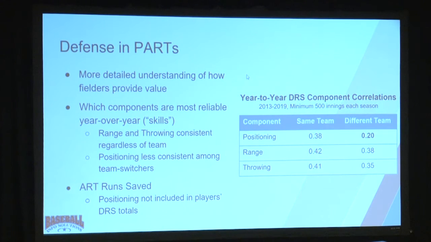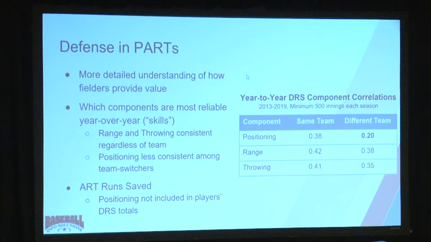And you'll notice that pretty much all of those correlations hover right around 0.4 year to year, which is comparable to other offensive and pitching metrics. But the one that doesn't is positioning for players who switch teams. That correlation is about half as strong as everything else, which led us to the approach to count positioning as a team effect rather than an individual fielder effect.